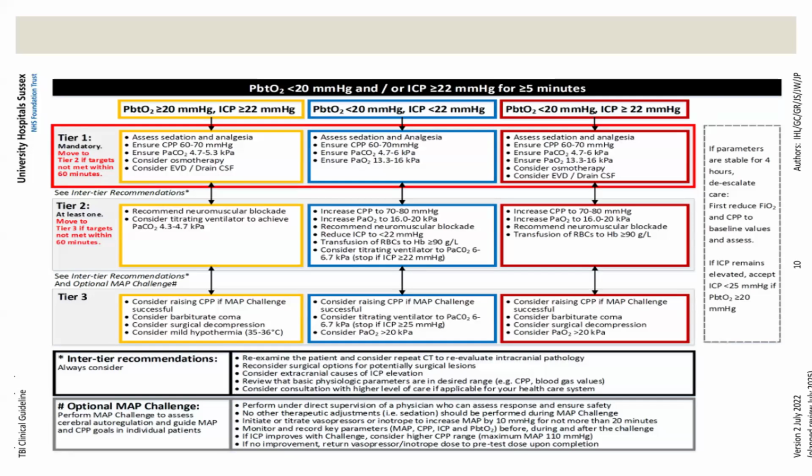Then tier 2 includes increase CPP to 70 to 80, increase PaO2, recommended neuromuscular blockade, transfusion of RBC to Hb more than 9.